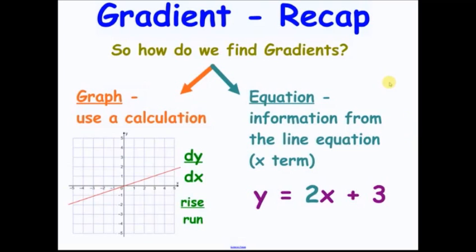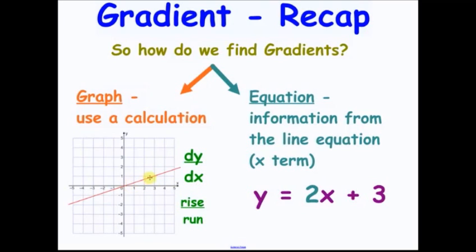Okay, a quick recap on gradients. Finding gradients. You'll be given one of 2 tasks. Find the gradient of a graph. You now know that you have to use some kind of calculation. If you're talking in maths terms, we talk about the difference in 2 y values divided by the difference in 2 x values.